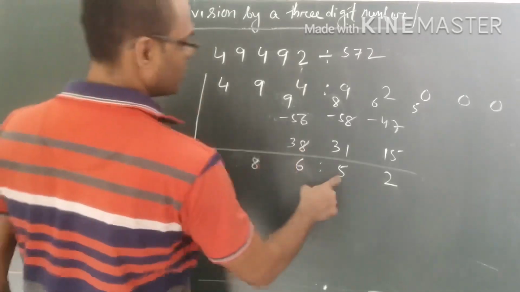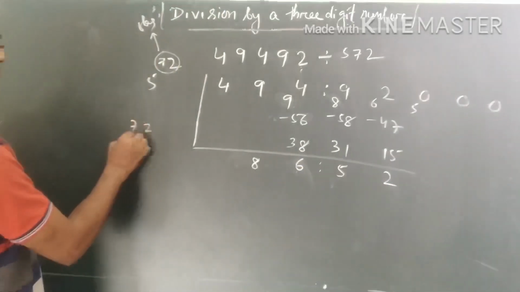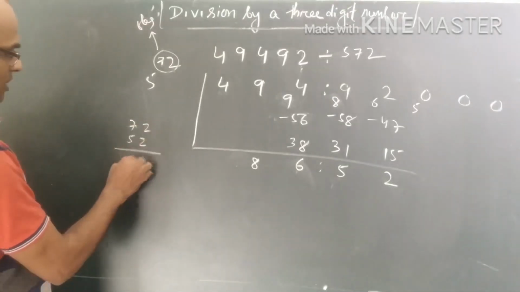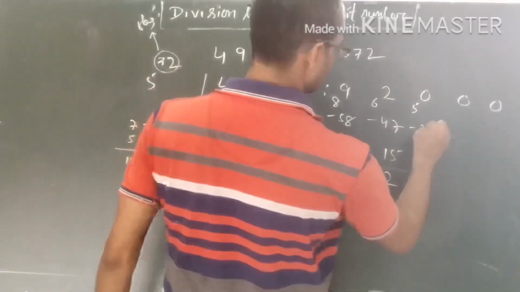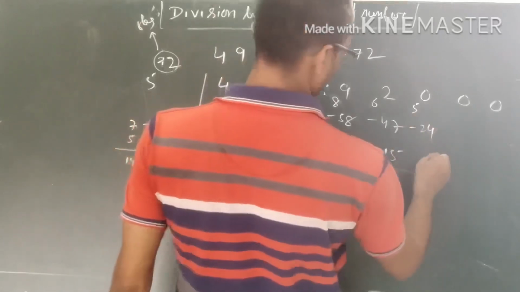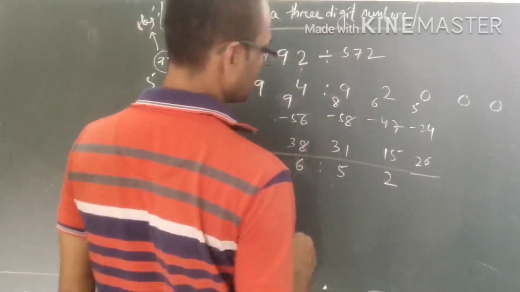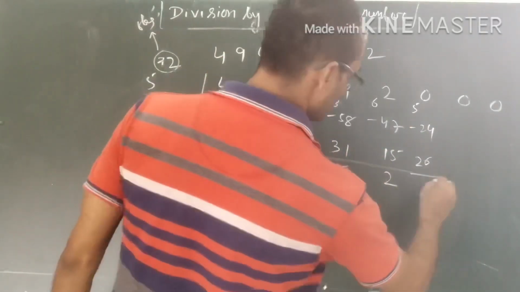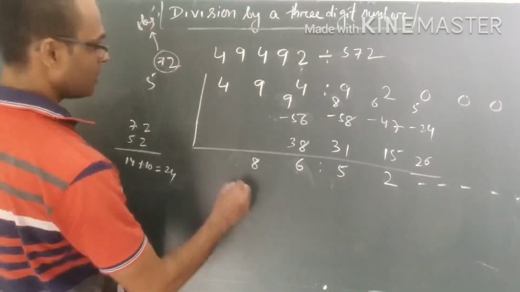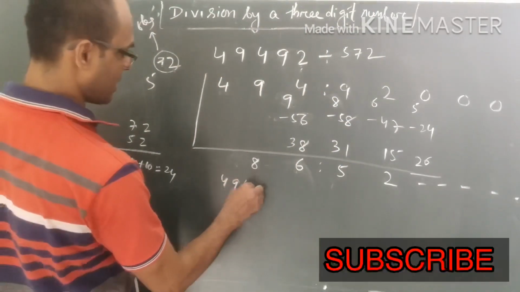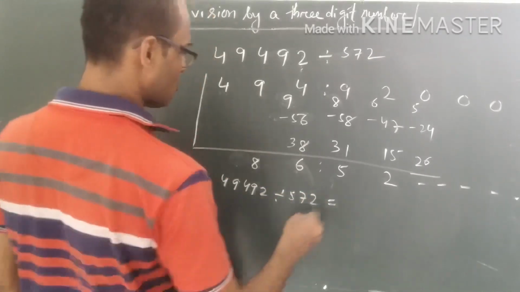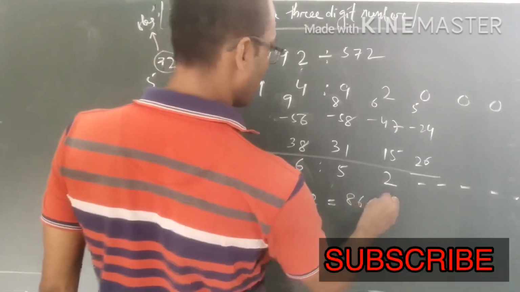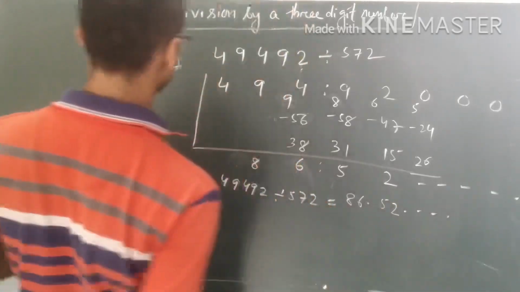Now 72 with 52. 7 into 2, 14. 5 into 2, 10. So it is 24. So minus 24. 24 plus 6, 30 plus 2, 32. Like this, the procedure will continue. That means here we are getting 49492 divided by 572 will be 86.52. Like this, other digits will continue.